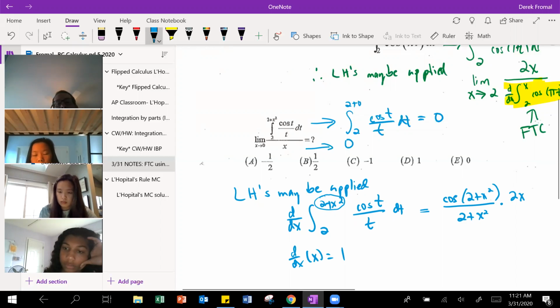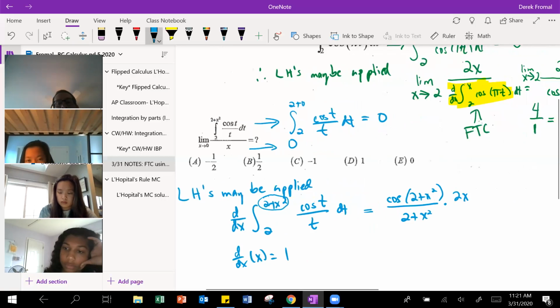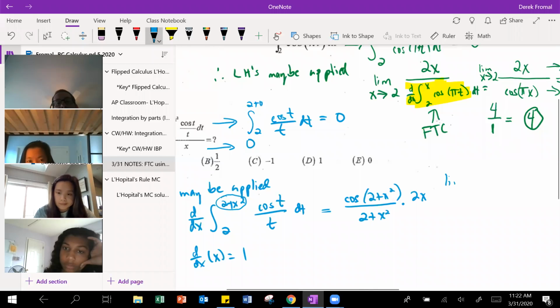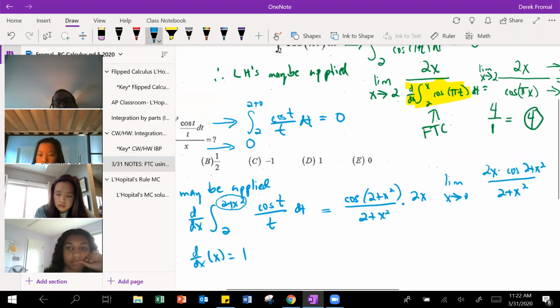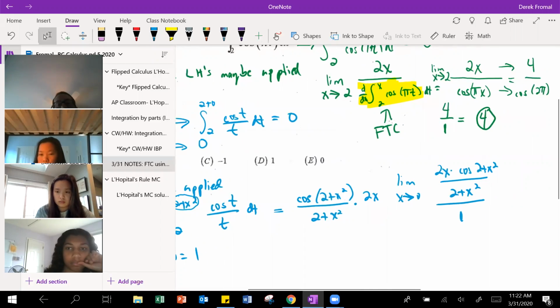So now as I look at this, the limit problem now becomes the limit as x is approaching 0 of 2x times the cosine of 2 plus x squared over 2 plus x squared, all that over 1. Well, you may or may not remember the trig limit from Calc A, sine of x over x.